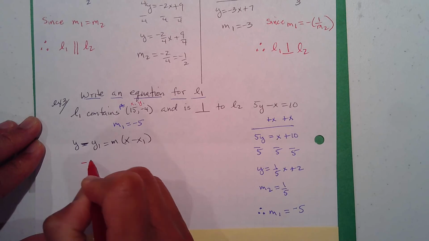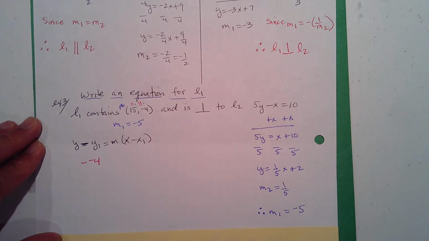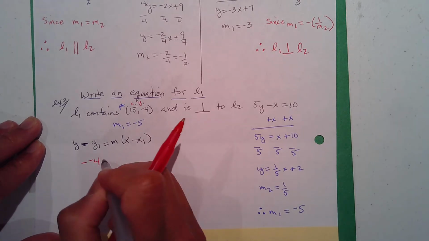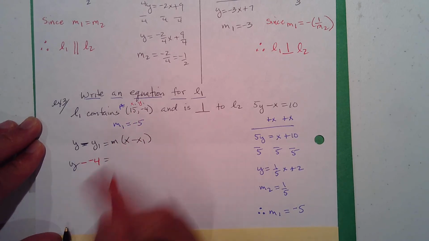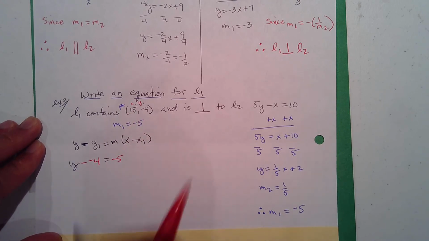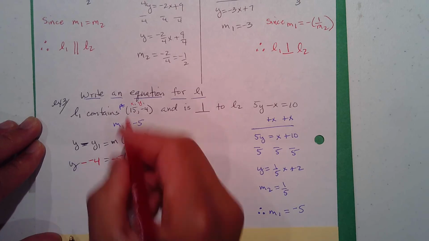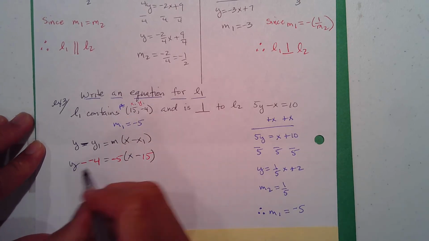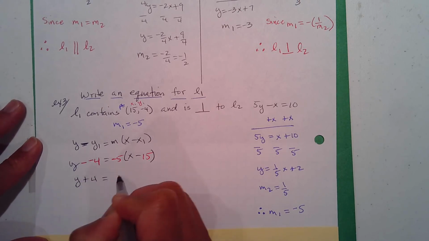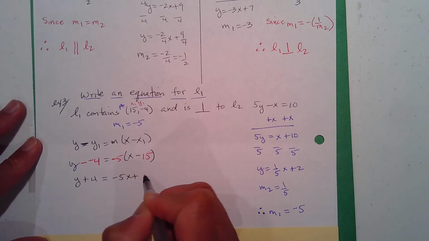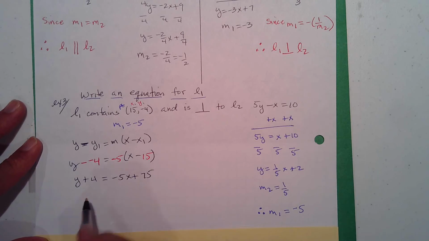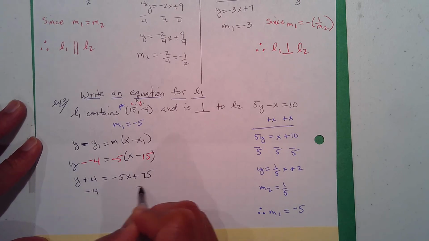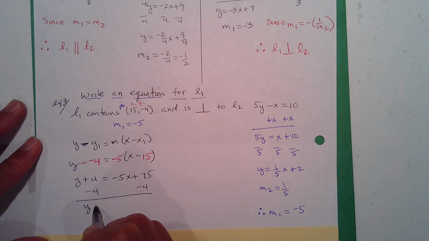That's minus a negative 4, the slope is negative 5, x is 15. Let's simplify this. Y plus 4 equals negative 5x plus 75. Let's get y by itself. Subtract 4, subtract 4. Y equals negative 5x plus 71.